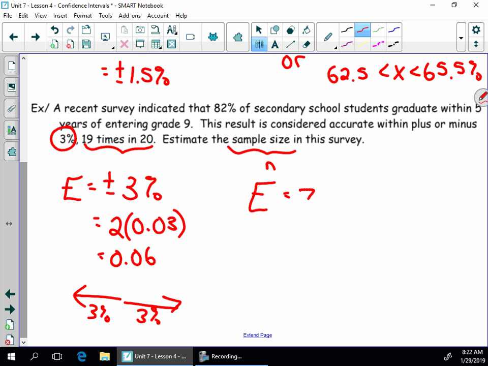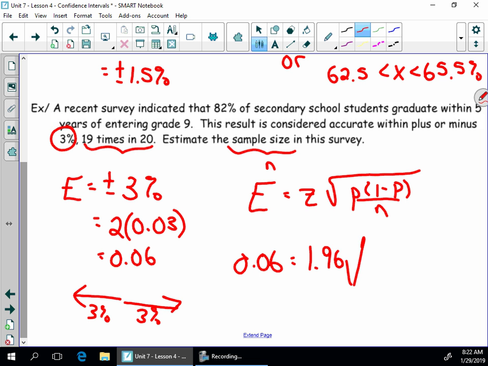So if we take our formula and we plug in the things that we know, my margin of error is 0.06. My z-score for 19 times out of 20, which is 95%, is 1.96. My p-value is 0.82, so 1 minus p is 0.18.